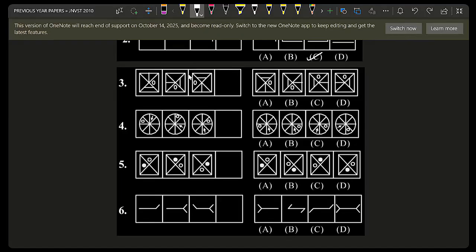In the next place, it should be in the west direction. The circle is already in the west direction, so it will be in the north direction. So either C or D will give the correct answer by looking at the circle. Let's look at the other part also.